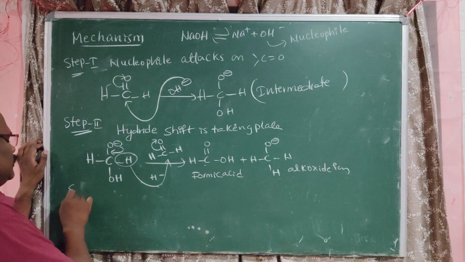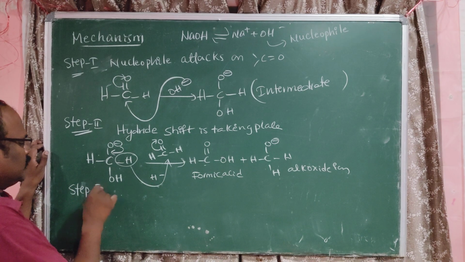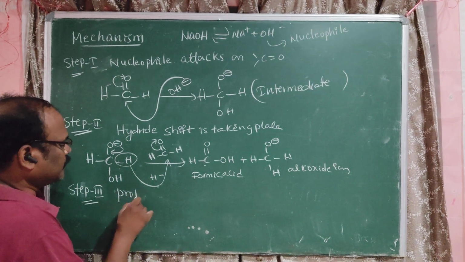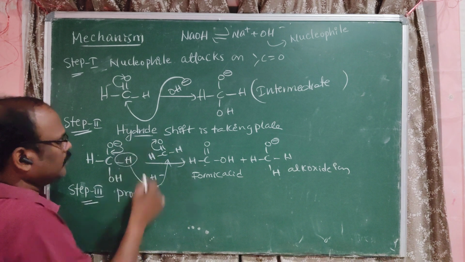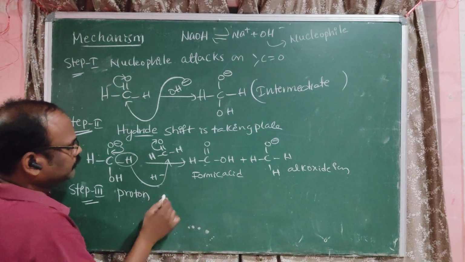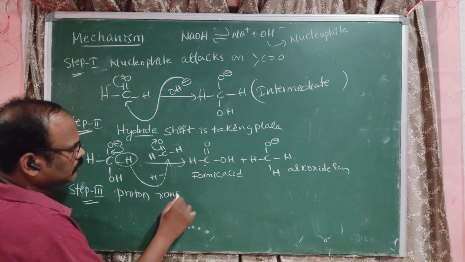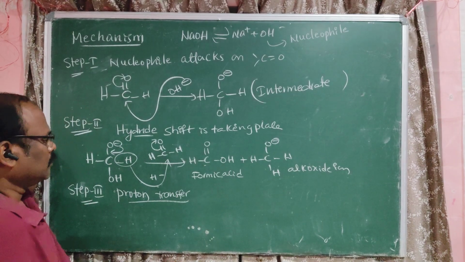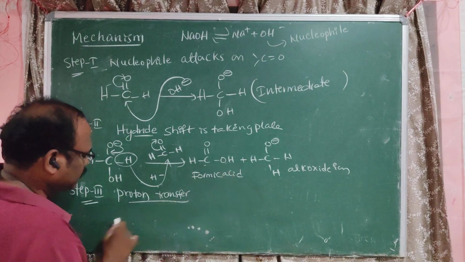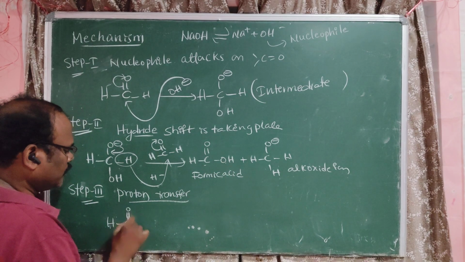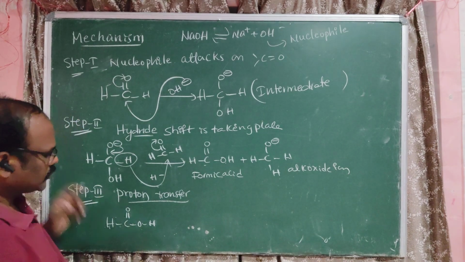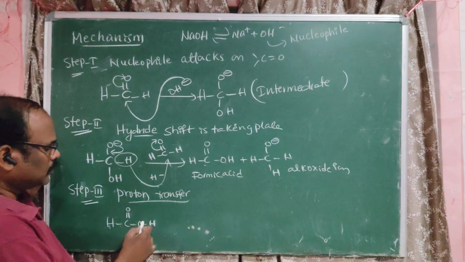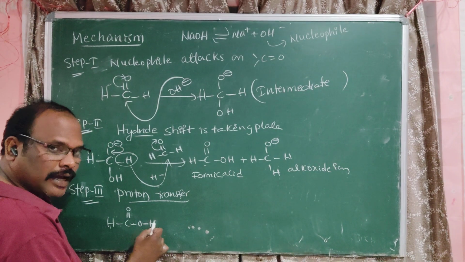Coming to the third step, step number 3. This is the final step. Here proton transfer is taking place. H minus means hydride, H plus means proton. Here I am writing formic acid, HCOOH. By its nature, it is an acid. It gives the proton to the other. So an H plus ion donor is called an acid.